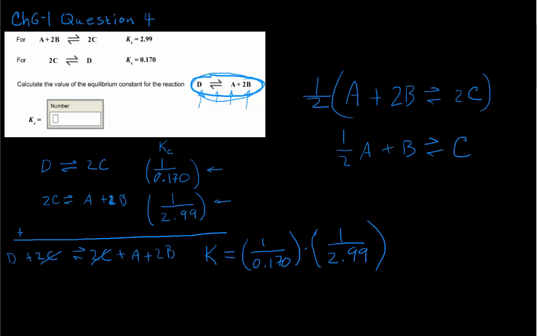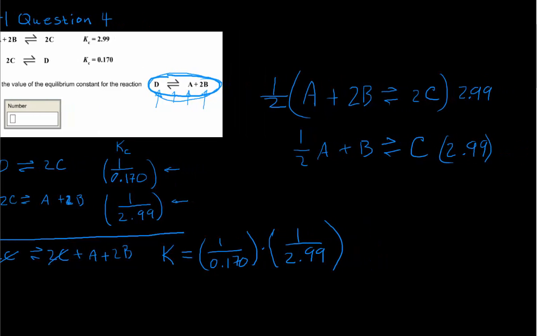Well, the equilibrium constant for the original reaction is 2.99. So the equilibrium constant for this reaction is 2.99 raised to the 1/2 power. I just raise it to the power of the number that I multiplied through by. So I multiplied through by 1/2, and that becomes the power that I would raise this to. So 2.99 to the 1/2 power.